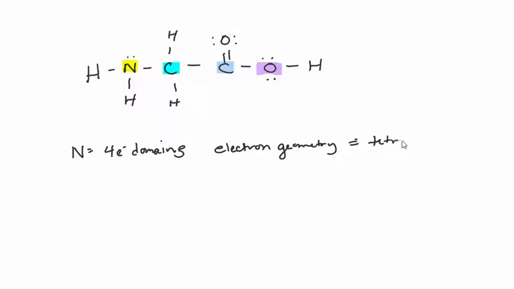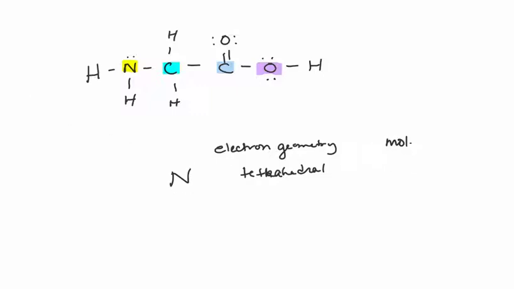Let's do this a little more like a chart. The molecular geometry, however, because we have a lone pair of electrons on the top, the molecular geometry is going to be a trigonal pyramid.